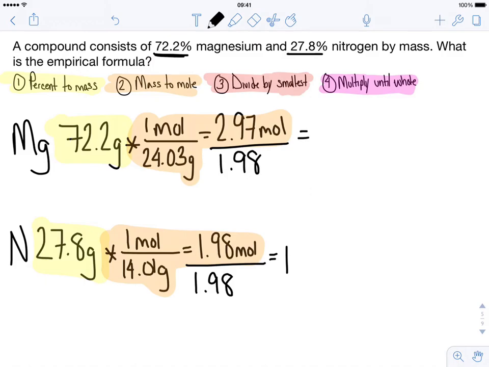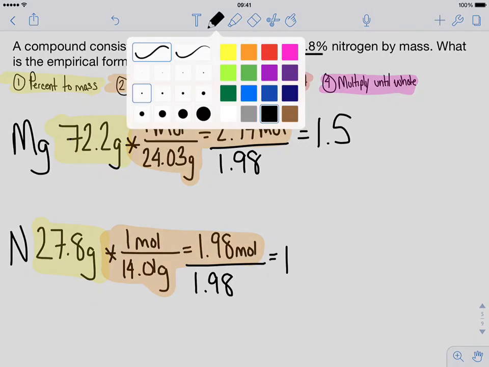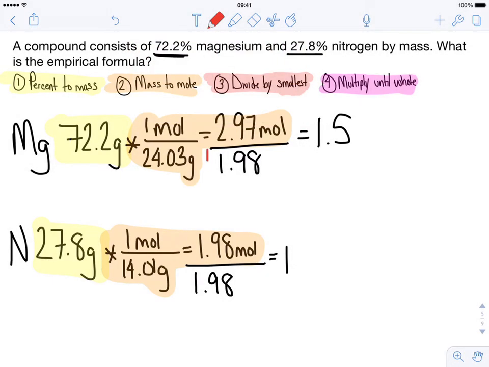And when I divide 2.97 by 1.98, I get 1.5. So this is step 3. Dividing by the smallest number of moles.